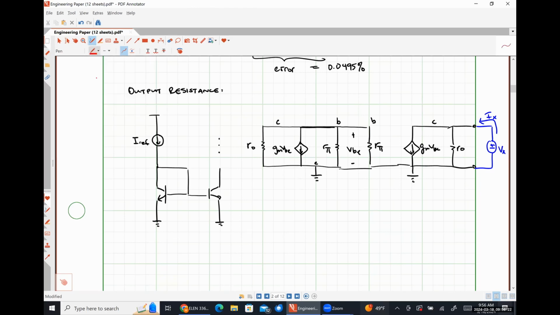So let's apply Kirchhoff's current law at this node. The current flowing through that left resistor R naught would look like VBE over R naught. Then I'm going to have a current of GM VBE down. I have two R pi's effectively in parallel with each other, so that's just going to look like R pi over 2.